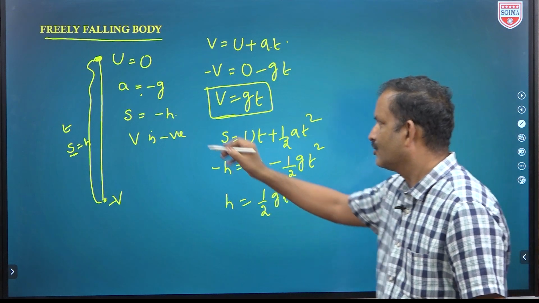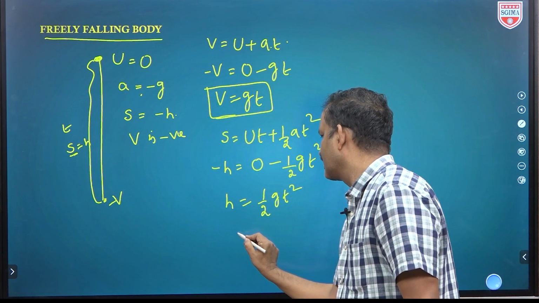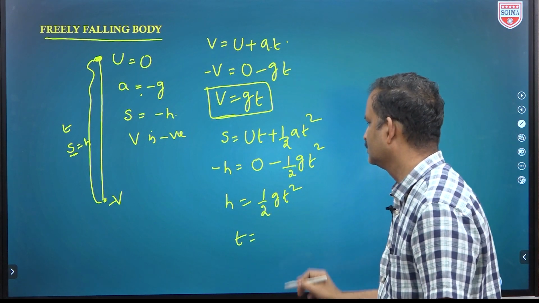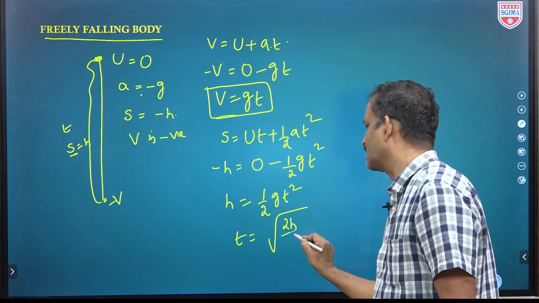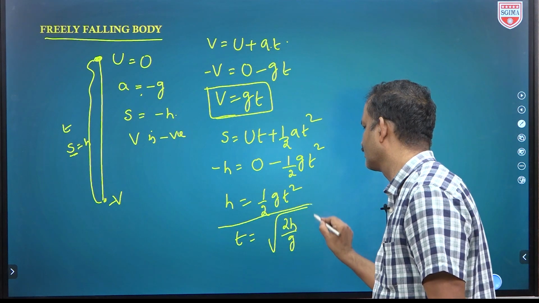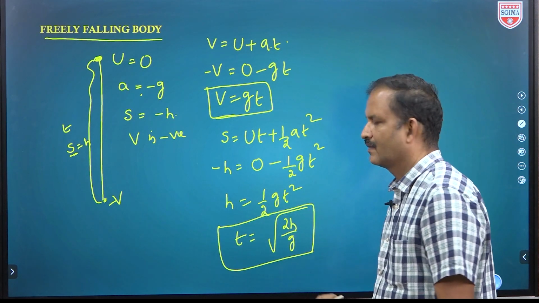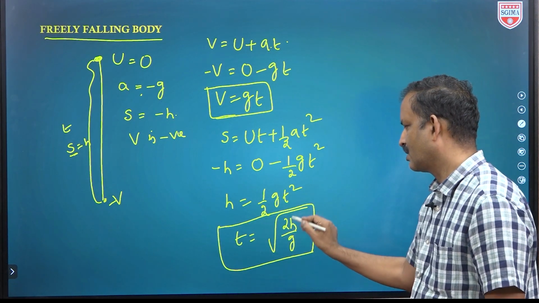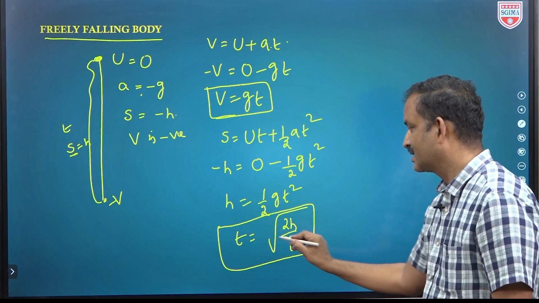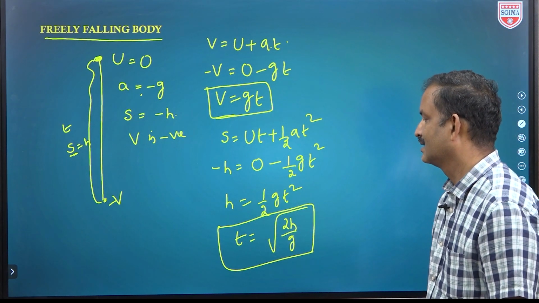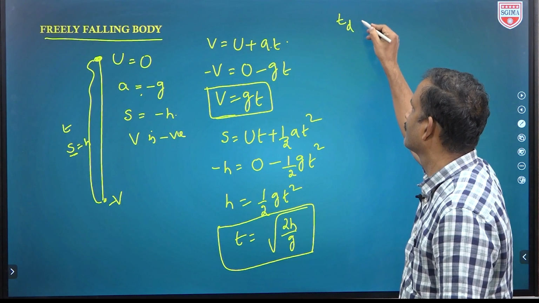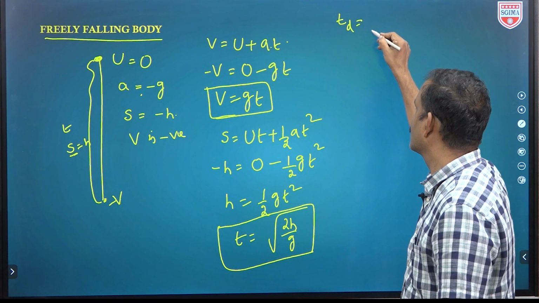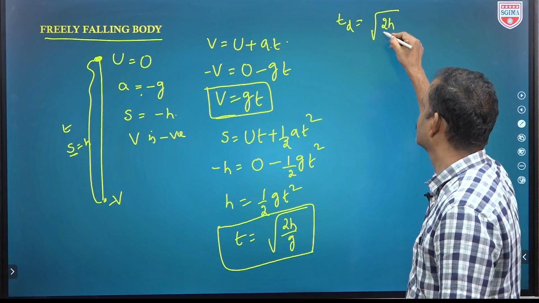What is the time taken to reach the ground? The time taken is equal to root of 2h by g. Very, very important. This is the time of descent, root of 2h by g.